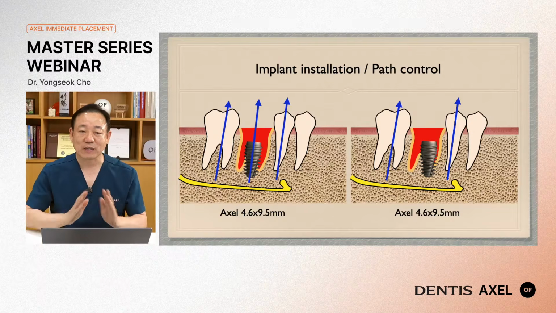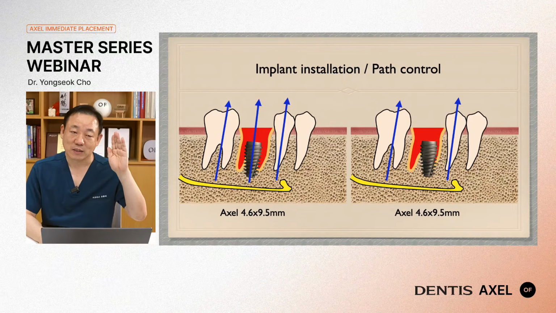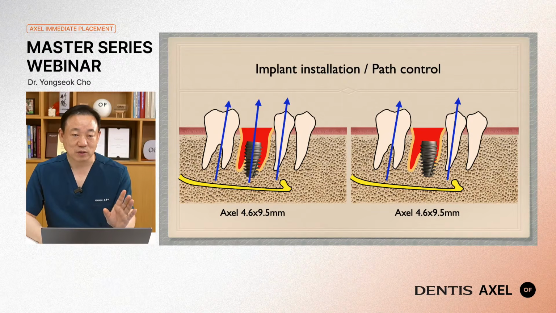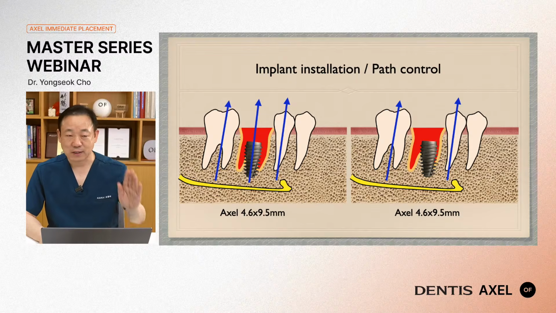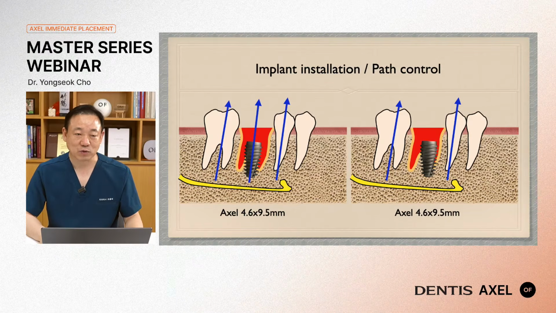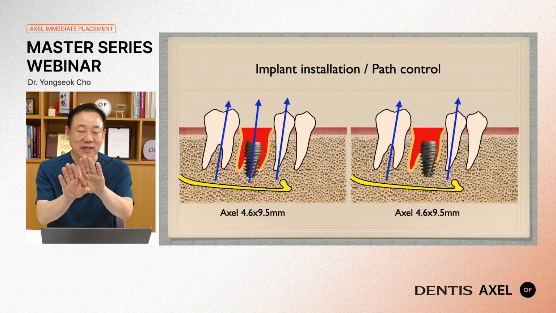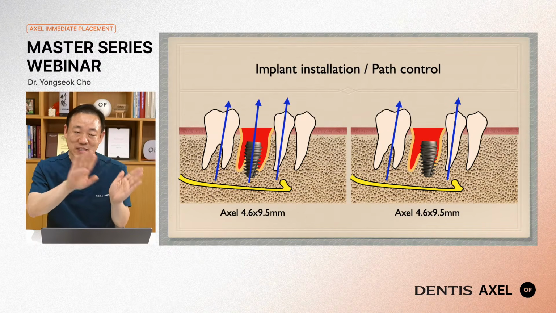But sometimes we cannot put implant at exact center of the extraction socket. In that situation, position implant between septal bone and the medial root, and get stability. Then minor path change is necessary to aim the hole at center. That means you must tilt slightly distally. Actually, this is not distal tilting.